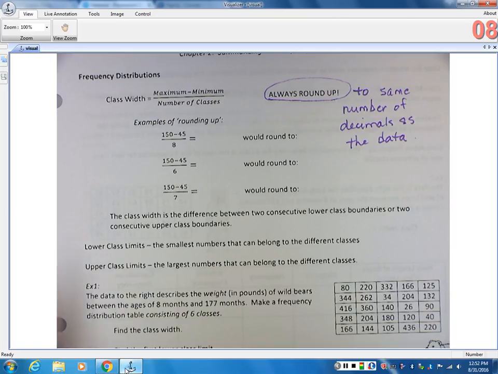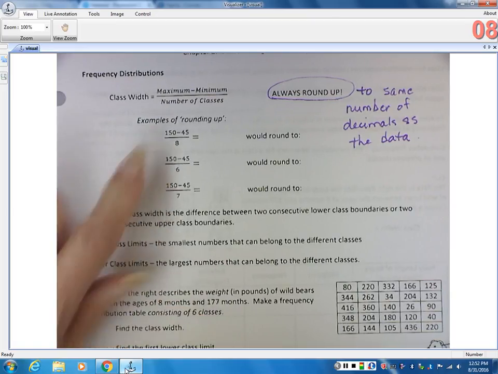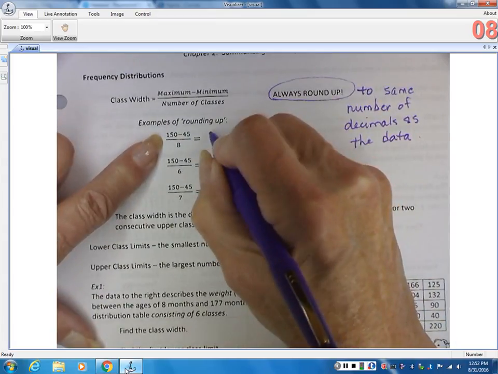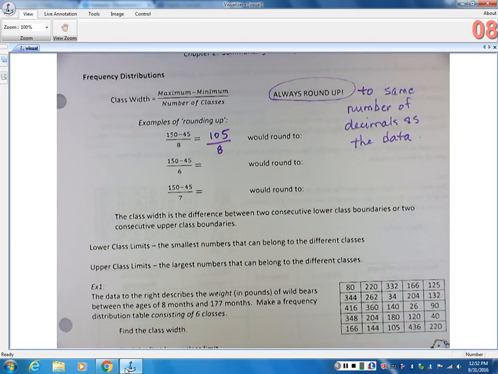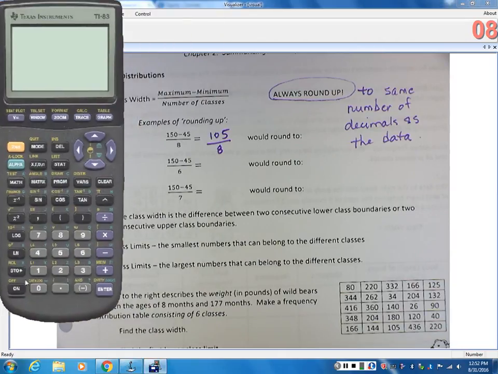And then you're given some examples here. 150 minus 45 over 8. Well, 150 minus 45 is 105 over 8. So we'll use the calculator.